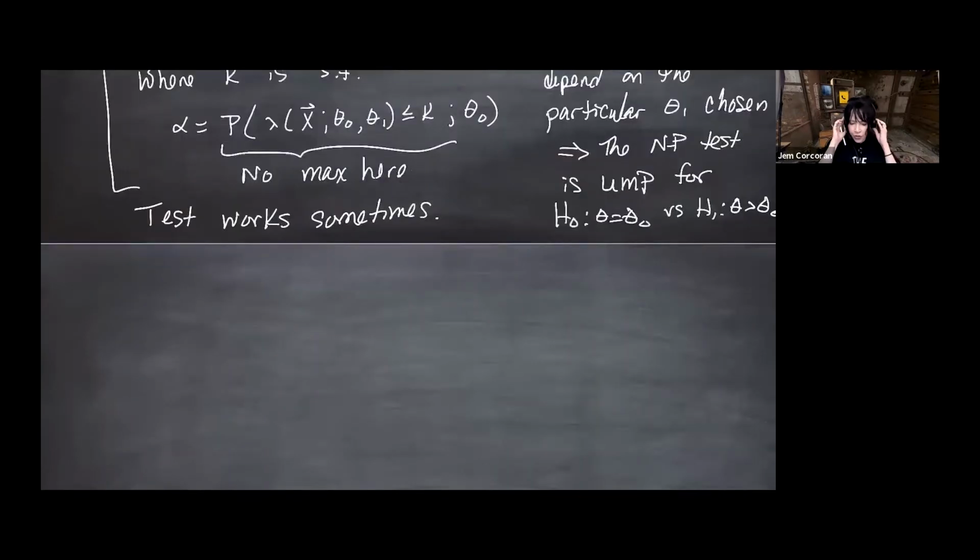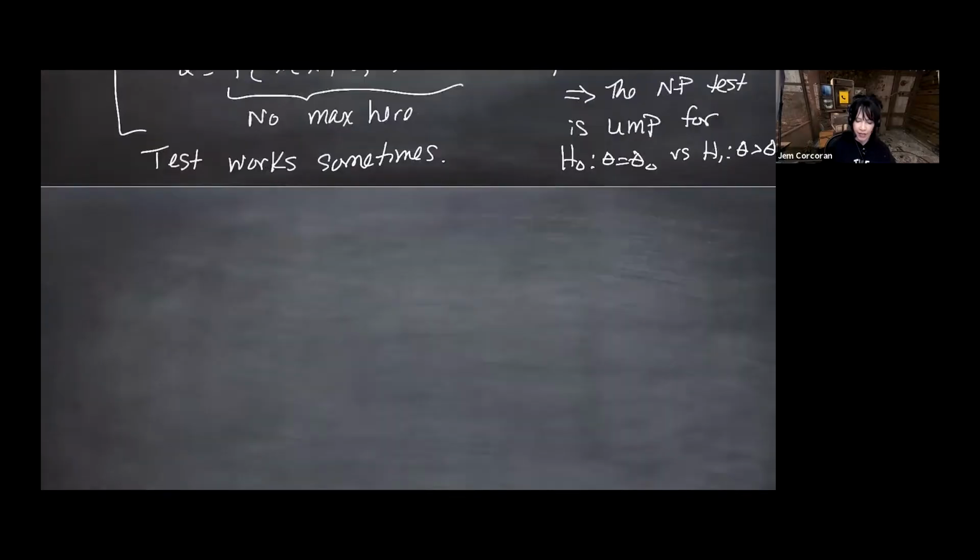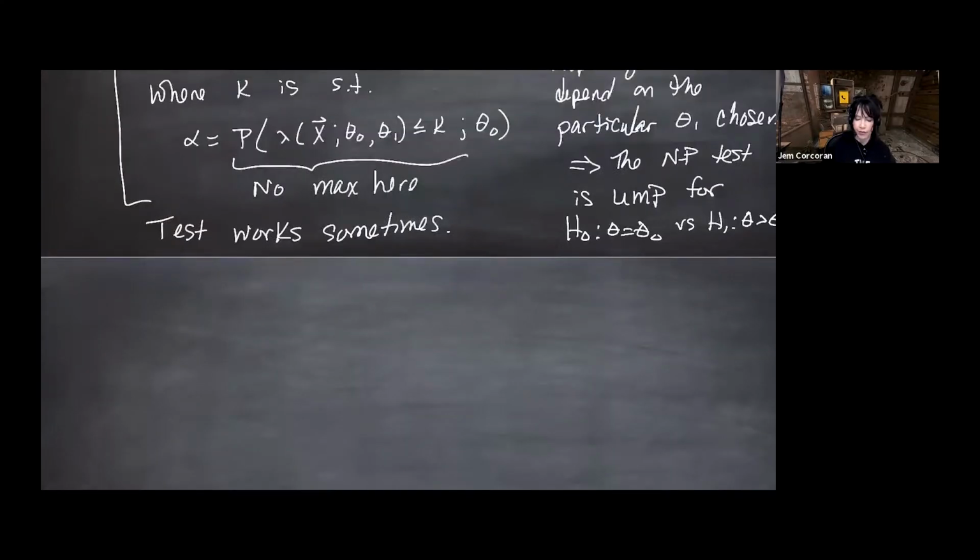And in order to show this, I want to define a monotone likelihood ratio family of distributions. I didn't say that very well, but here's a definition that you need for problem 2 on the homework.